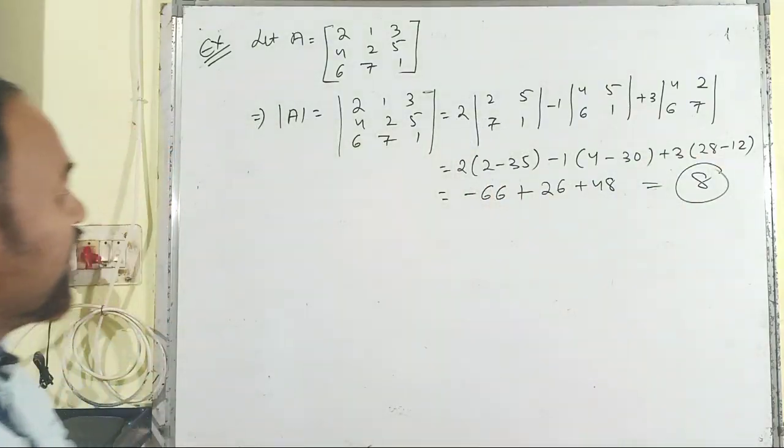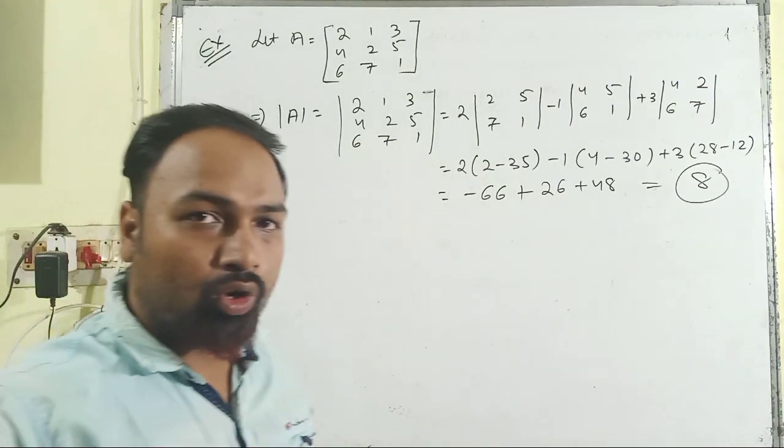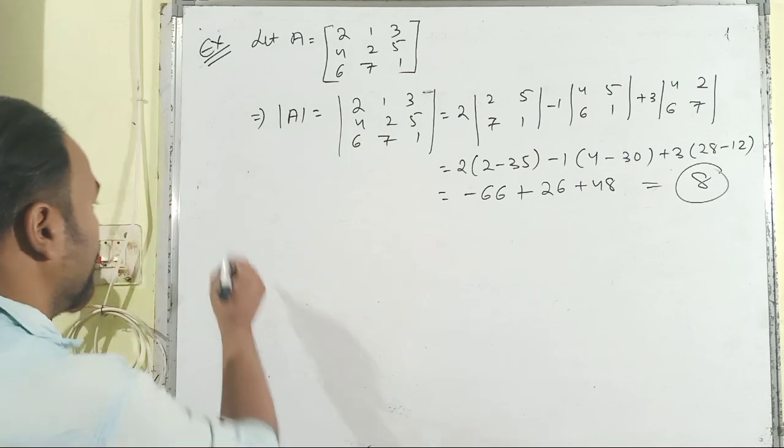Then we have to form a new matrix by interchanging the rows into the columns.